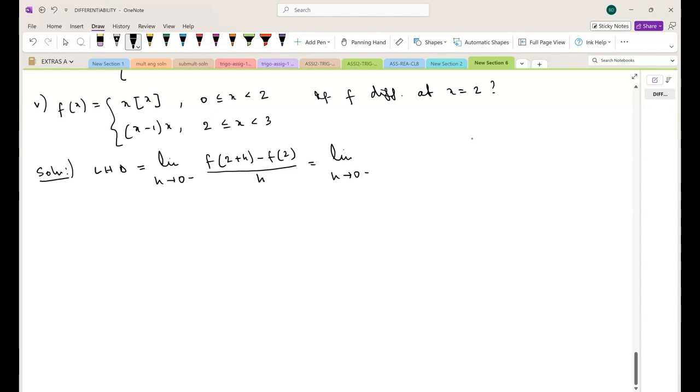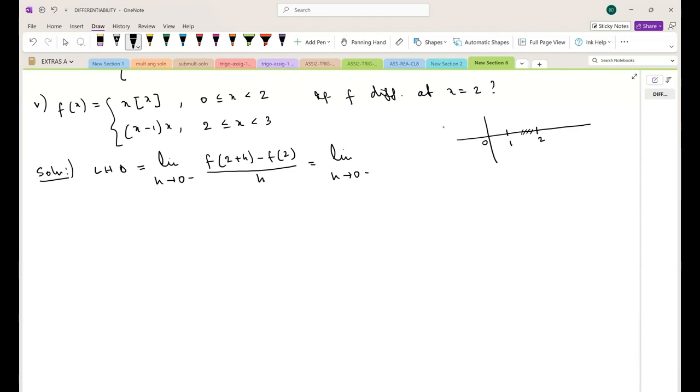Okay, so 0, 1, 2. h is approaching 0 from the left, so h is negative. So 2 plus h is less than 2. That means this region, less than 2. And the functional value for the left hand side of 2 is 1.